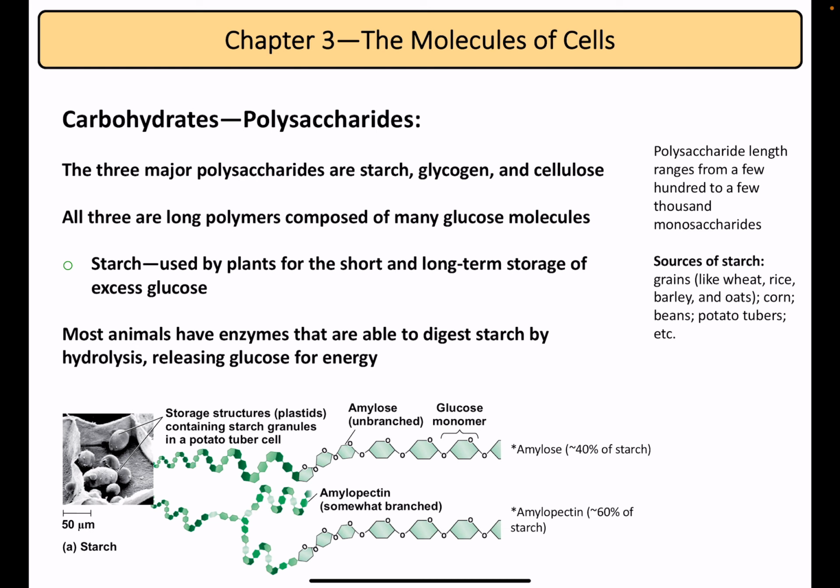Well, luckily, as an animal, you have an enzyme that allows you to take that long chain of starch and chop each individual glucose off so that your small intestine can absorb all those glucose molecules and send them to your own cells to generate energy. So what I'm saying is when you eat starch, you turn it into glucose. You turn it into energy.